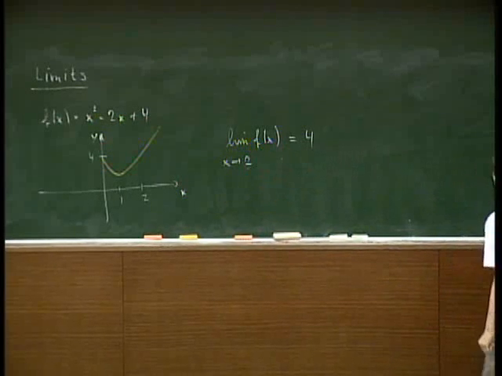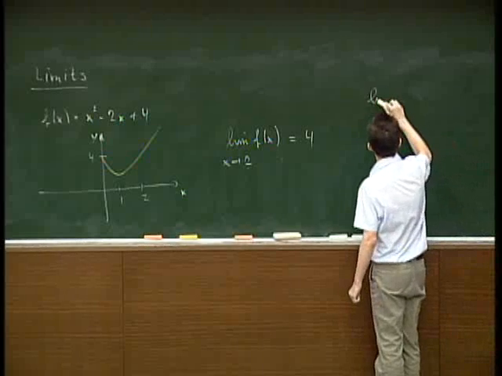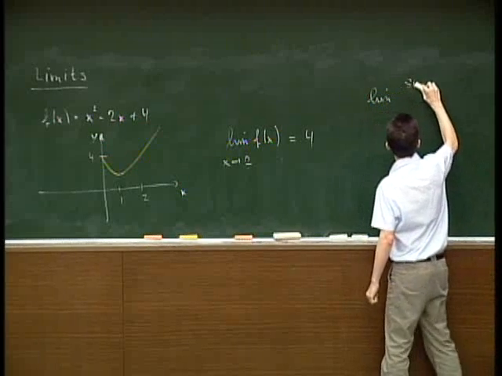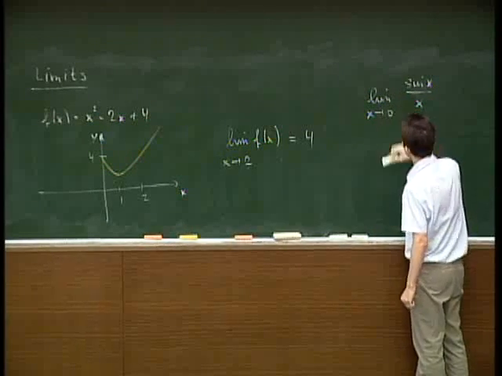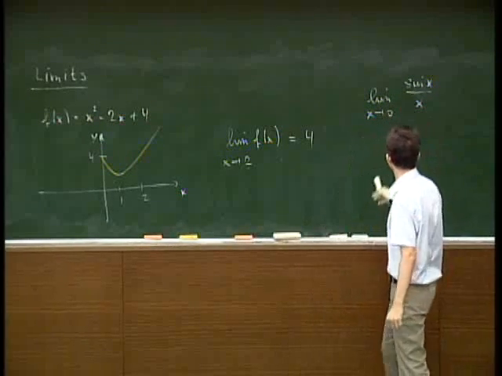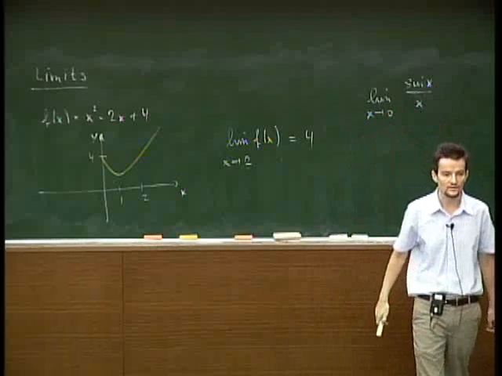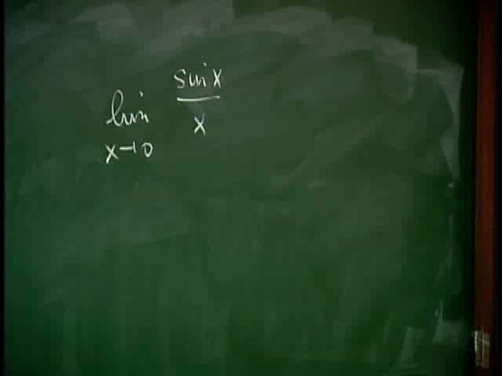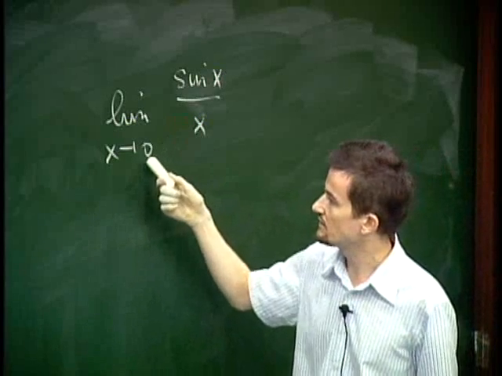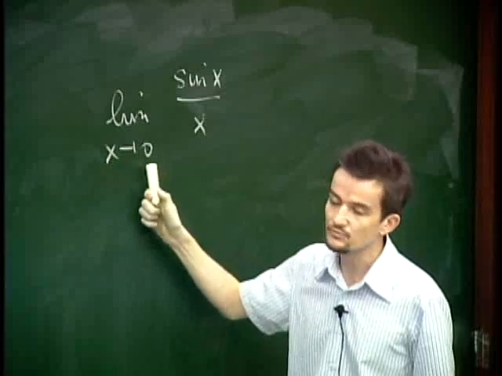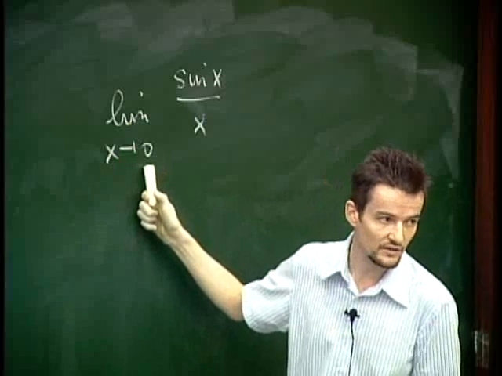So for instance, if you look at this limit, sine x over x as x tends to 0, okay? If you just plug in 0, you get 0 over 0, so the function is not defined at 0, but still you can consider limits, because the limit notation tells us that x has to be close to 0, but not equal to 0, okay?